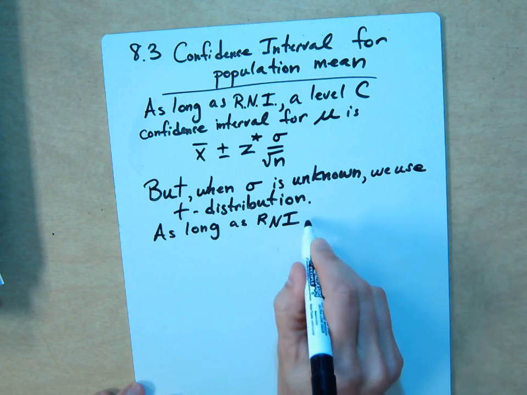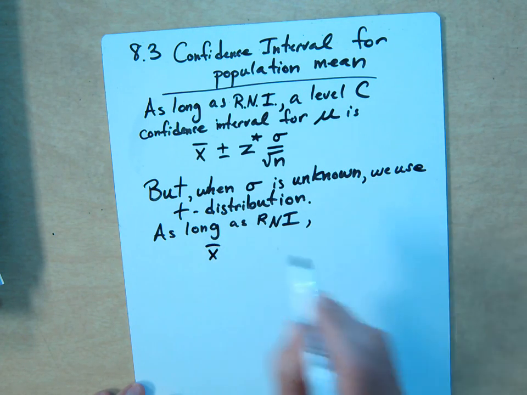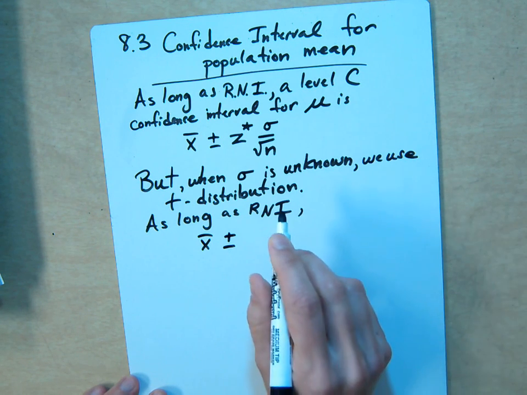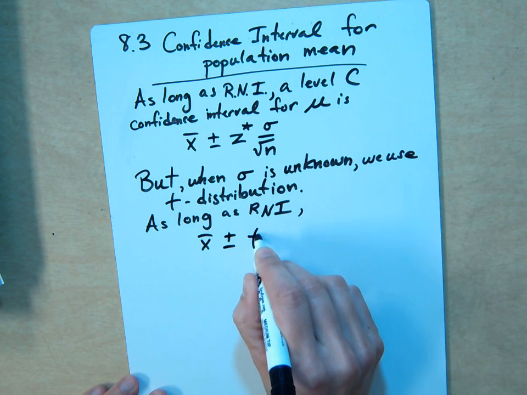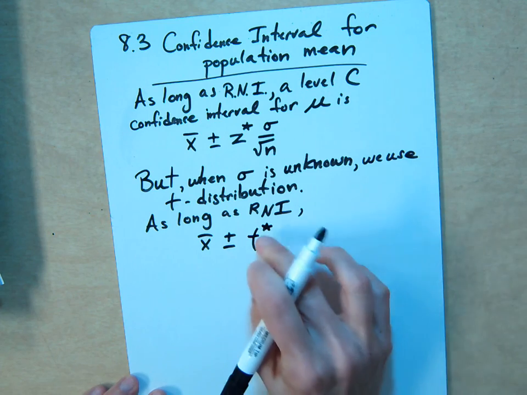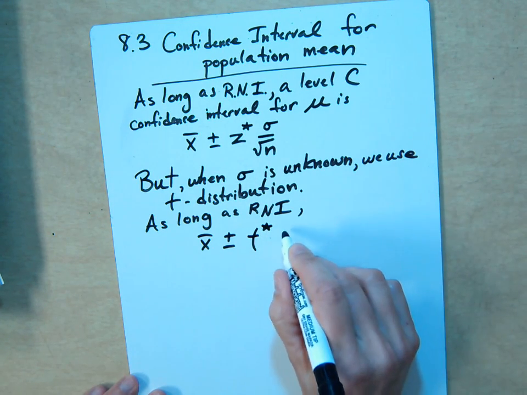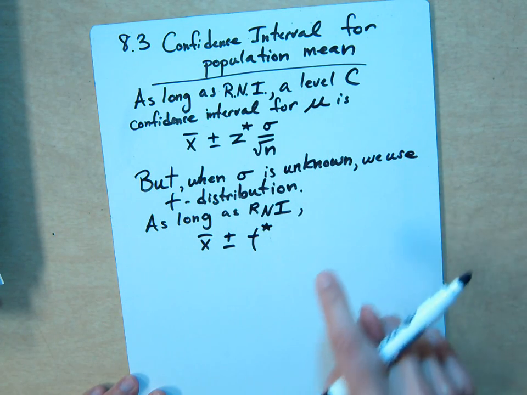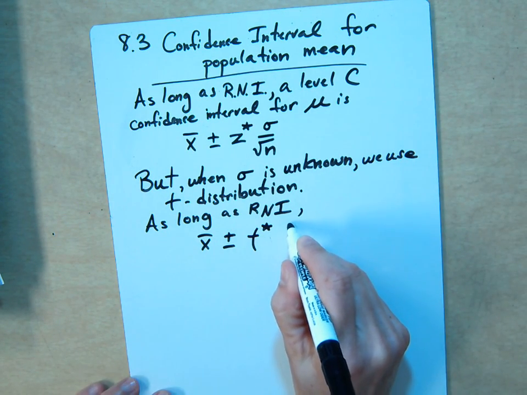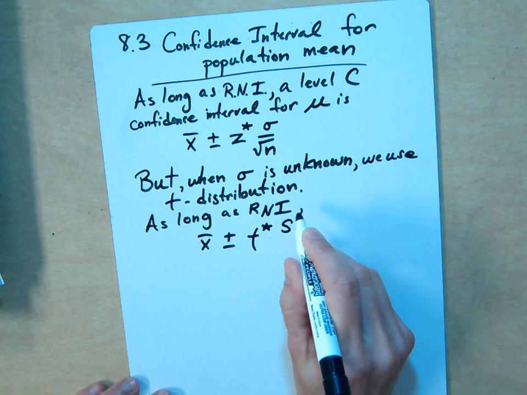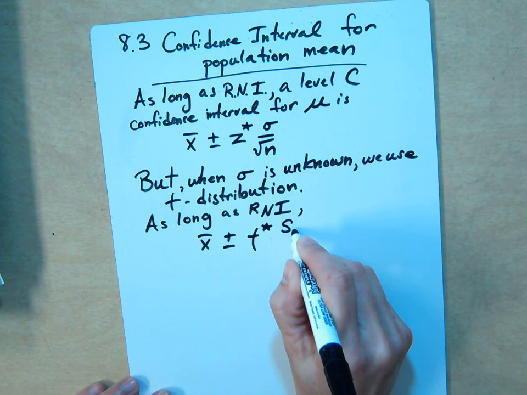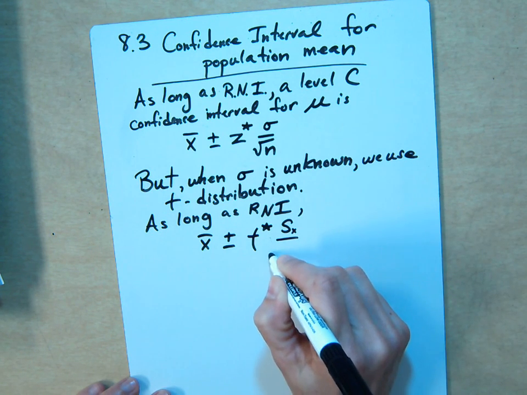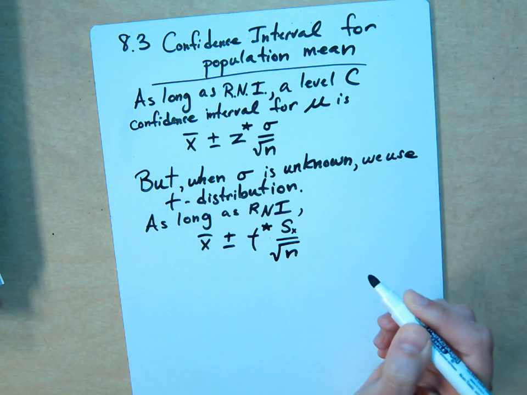It is x bar, the sample mean, plus or minus t star, which I'll show you how to find using the tables in a minute, times, since we don't know the population standard deviation, the sample standard deviation, which we can calculate because we took the sample. That's notated by s sub x, over the square root of n, where n is the sample size.